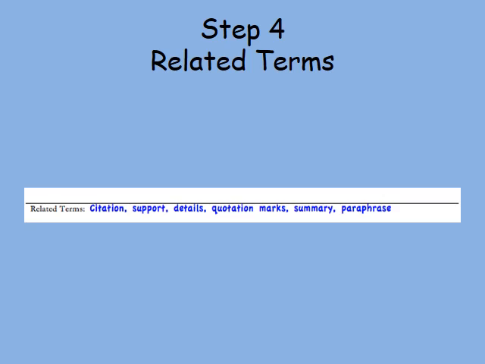Summary and paraphrase, when you don't want to use the author's exact words, but you want to use that author's idea and you'll be giving citation again, you can summarize and paraphrase, and we'll be getting into those a little bit later on.